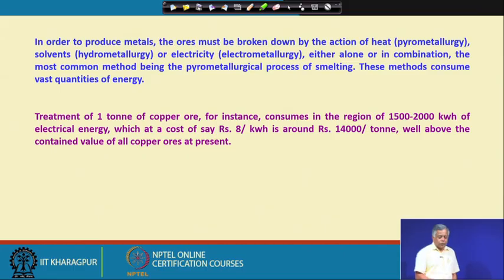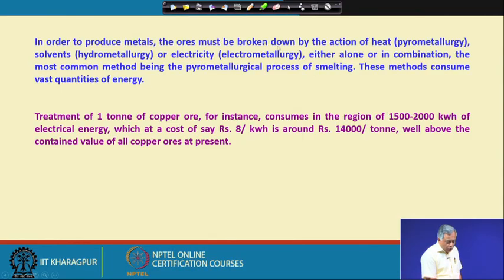If we assume that the per unit cost of electricity is rupees 8 per kilowatt hour, this will be around rupees 14,000 per ton in terms of money we will be spending.